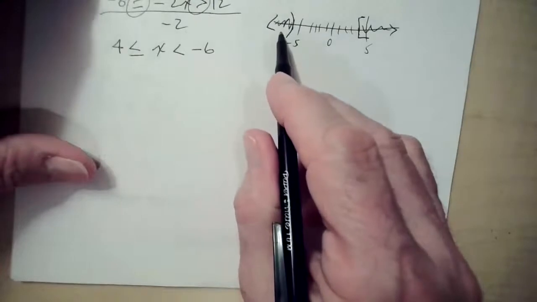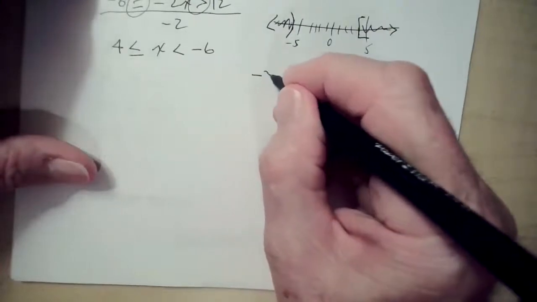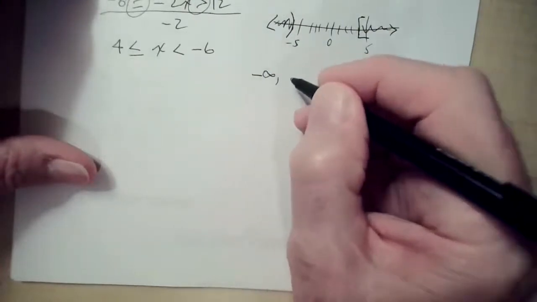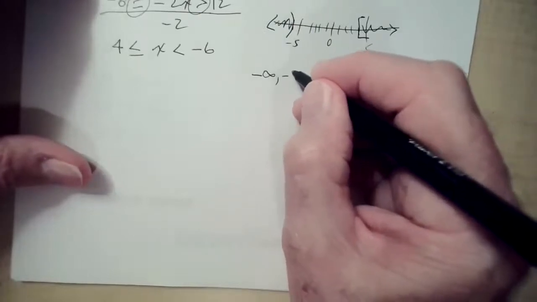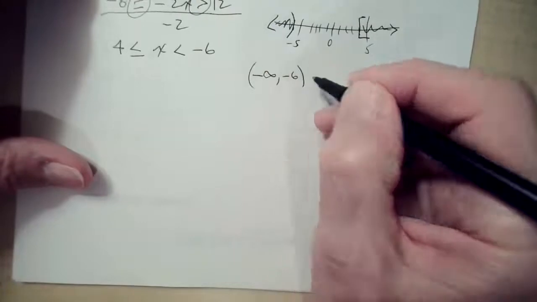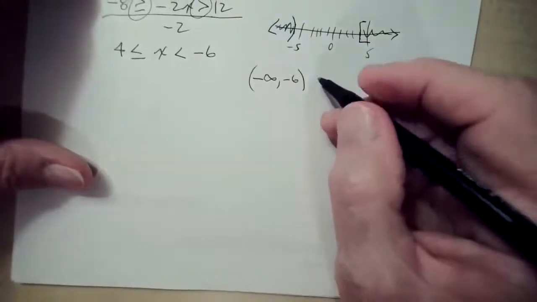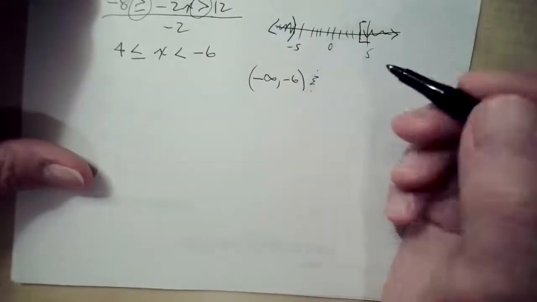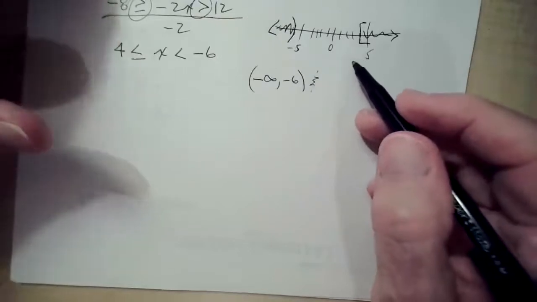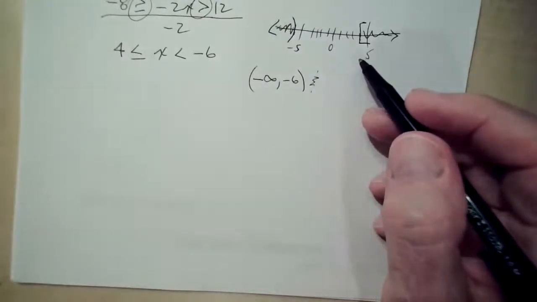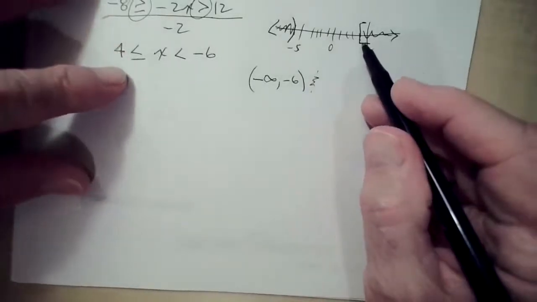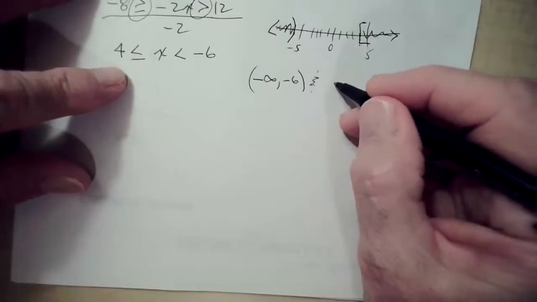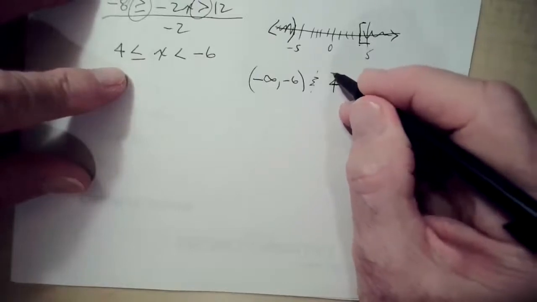Now our interval notation here is going to be this. First we do this one. -infinity to -6, both parentheses, and what is that?